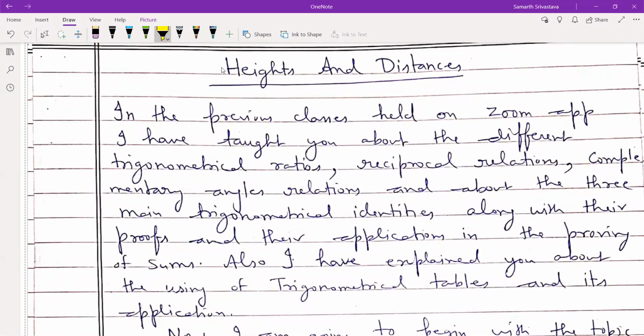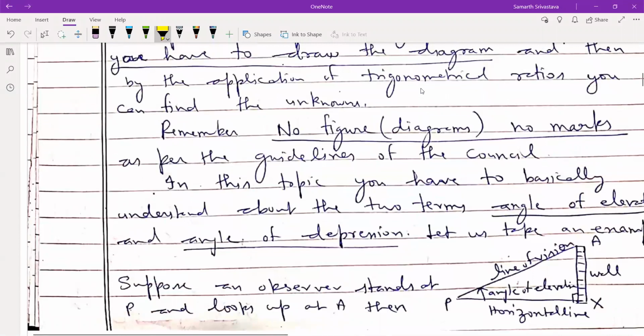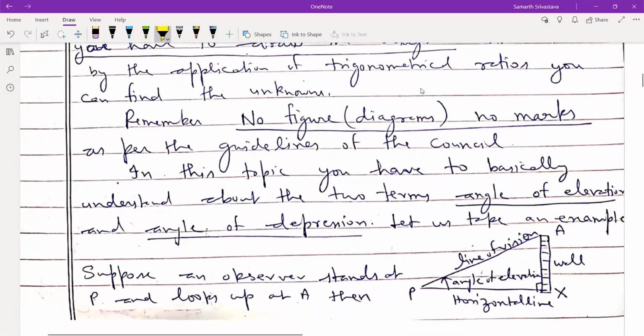Now, I'm going to begin with the topic heights and distances. Now we are proceeding a step to the application of trigonometrical ratios in practical life.